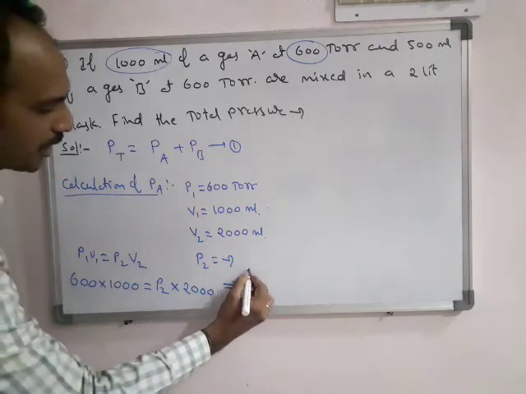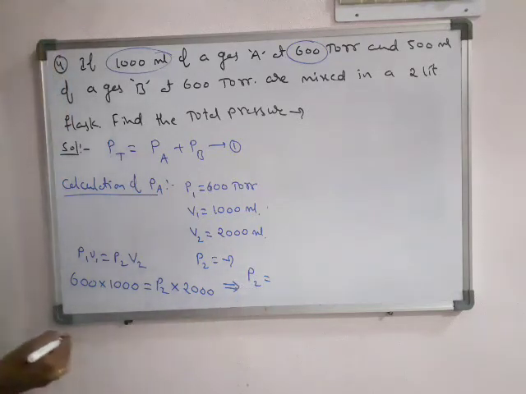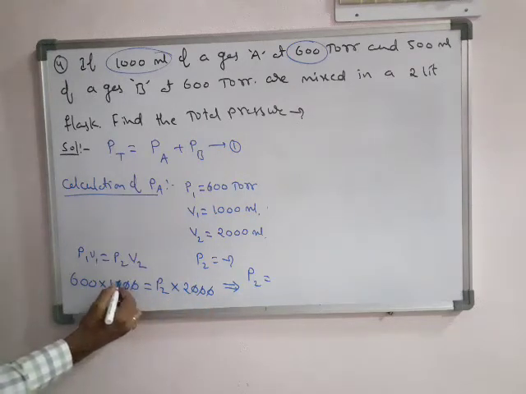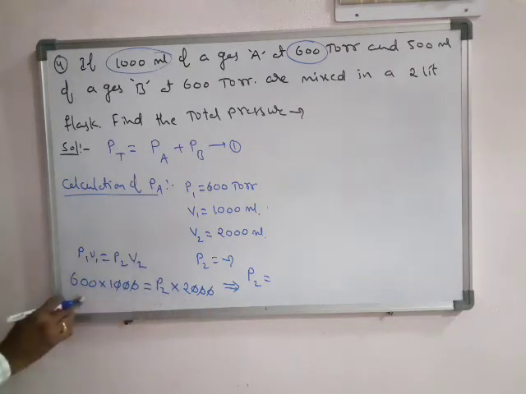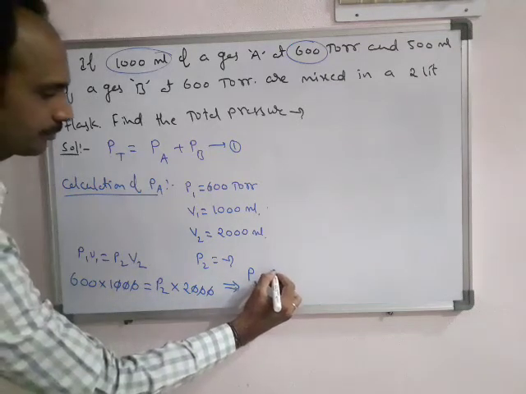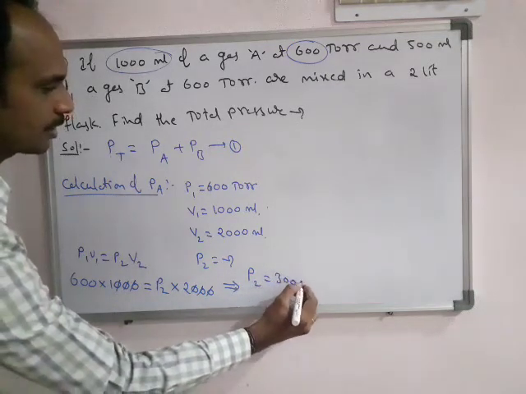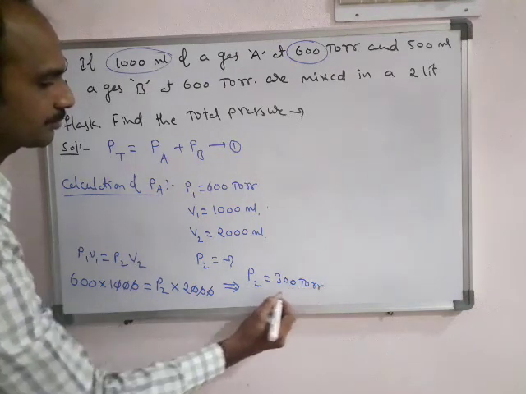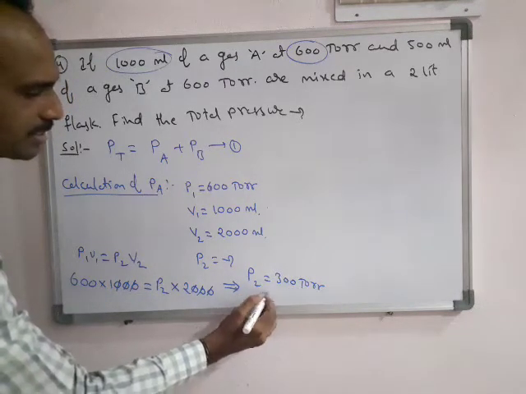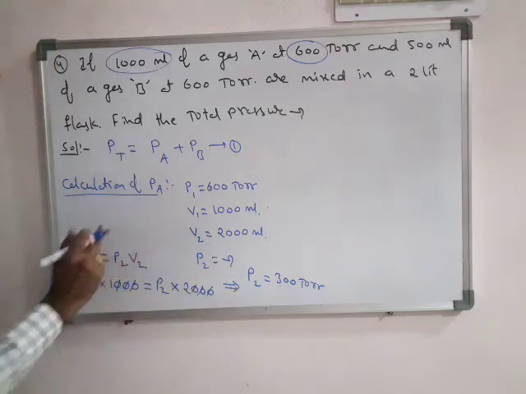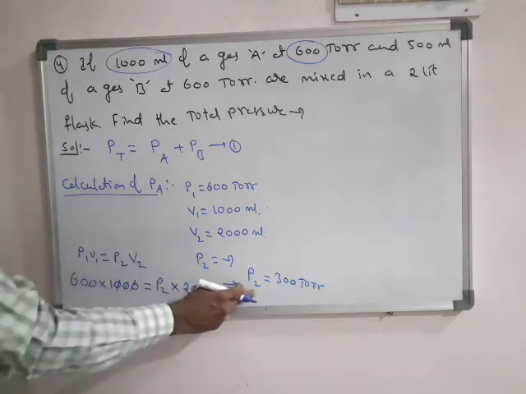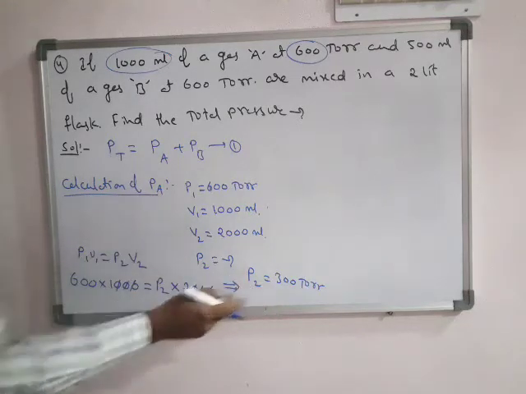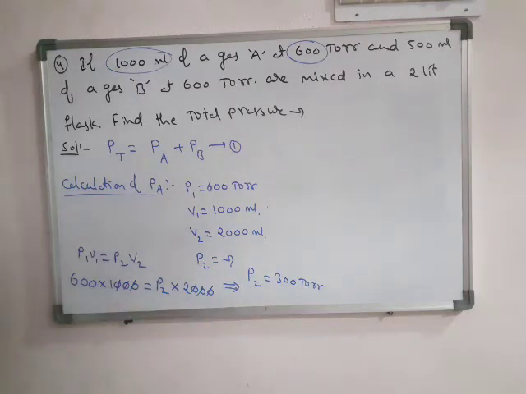So finally we get 300 torr. Here P2 is the pressure of A. The pressure of gas A in the 2-liter vessel is 300 torr.